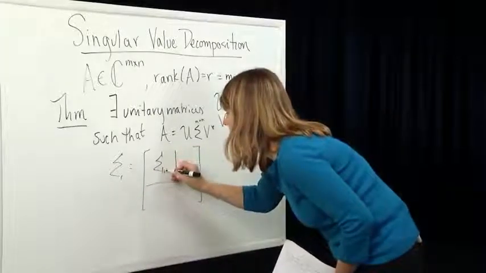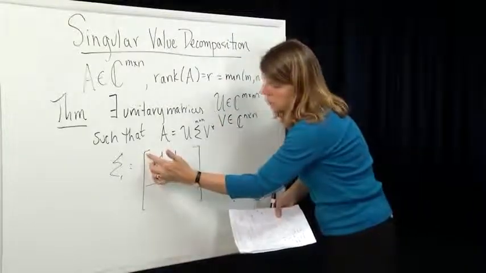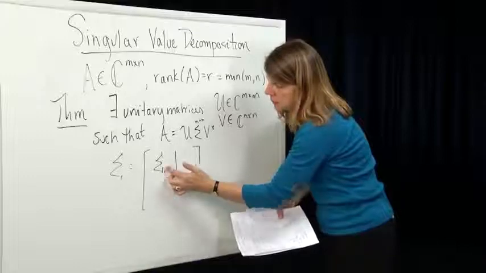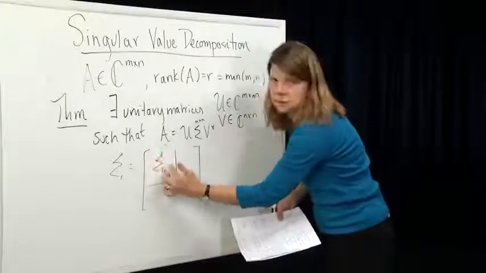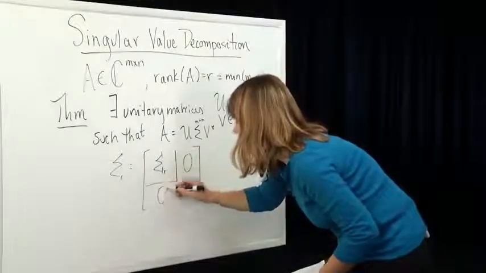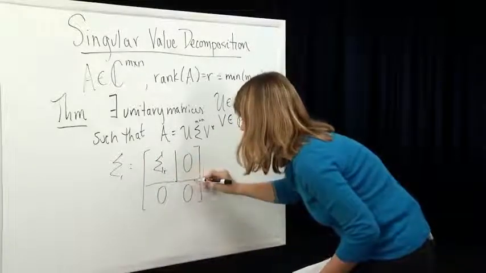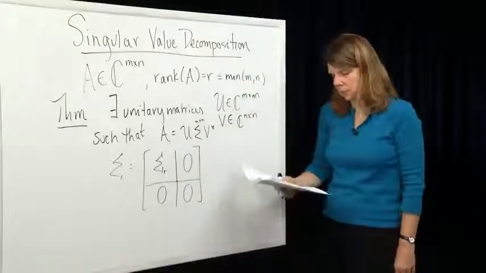We're going to call that sigma R. It's a diagonal square matrix whose diagonal elements are related to the singular values of A. And then we have zero matrices that make up the m by n dimensional matrix.